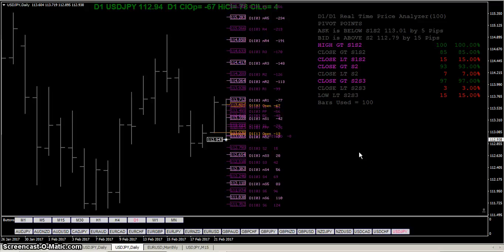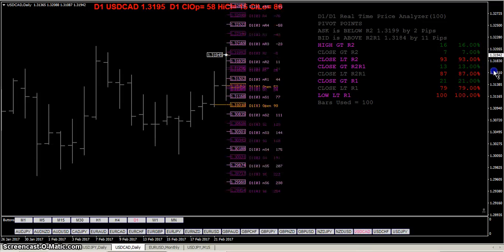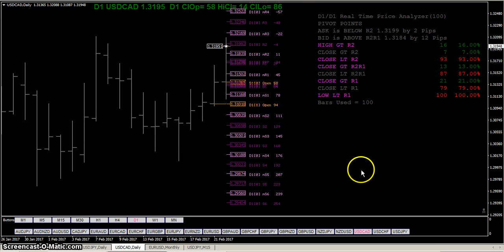And let's see, dollar CAD had some news, so let's take a look at this one. You see here, high greater than R2 16% of the time, less than R2 93% of the time, less than R1 79% of the time, and R1 is right here.